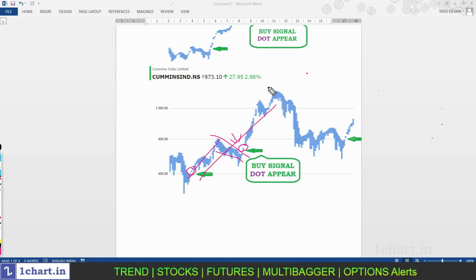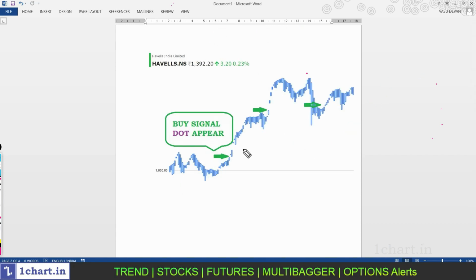So this is a flag pattern. So here also Cummins India has a big target, beyond 1000. Another example, Havells. So some parallel channel.